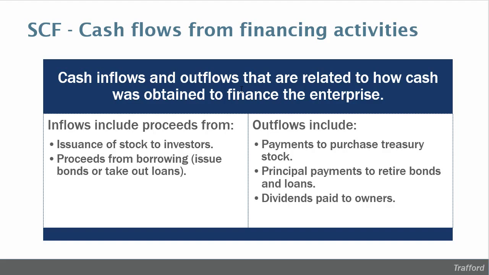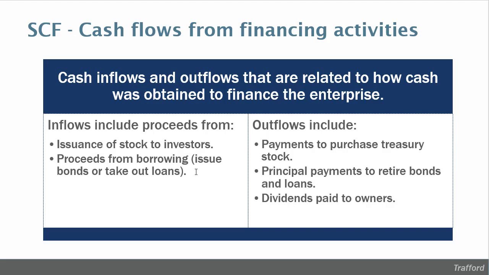Inflows from financing come from issuing stock to investors or from borrowing. And here we're talking about when businesses just go to a lender and get proceeds from a loan, or when the company issues bonds and borrows in that manner.